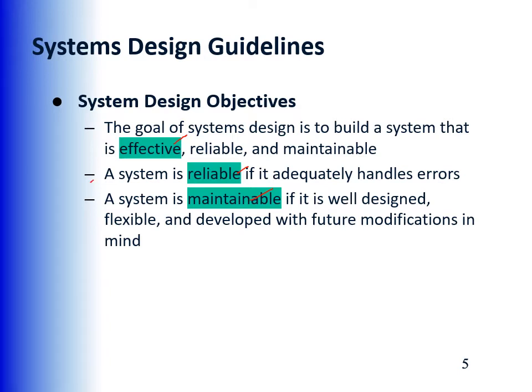A system is reliable if it adequately handles errors or failures, meaning that the system is always running well and the functions do not fail. And a system is maintainable if it is well designed, flexible, and developed with future modifications in mind.